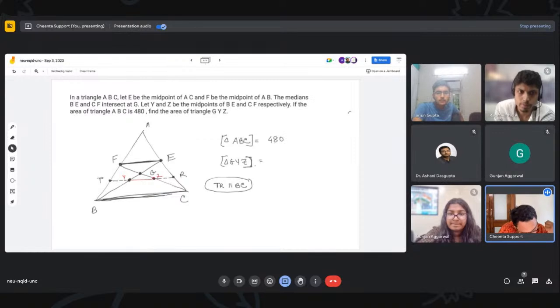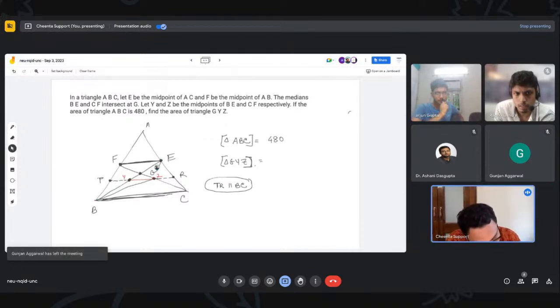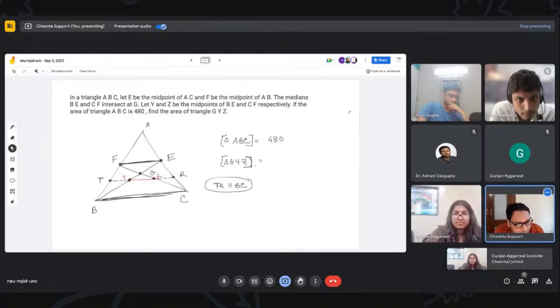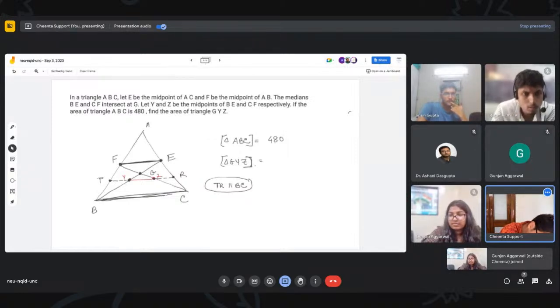Maybe what we can do is we can probably join BZ and BZ, and we know that this is half and this is half. BZ, similar triangles.